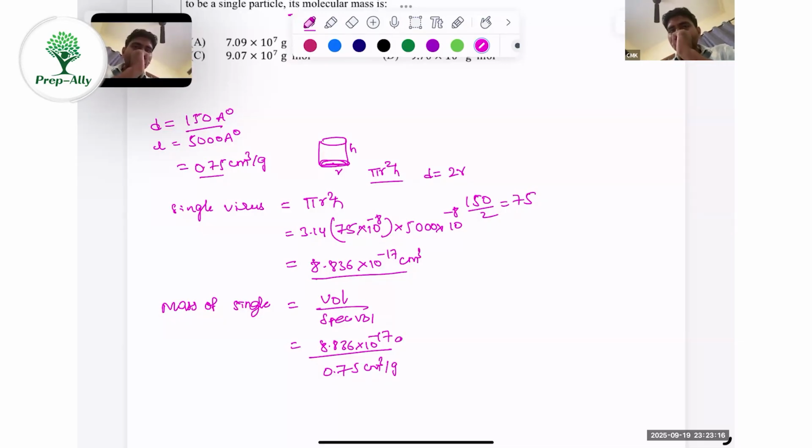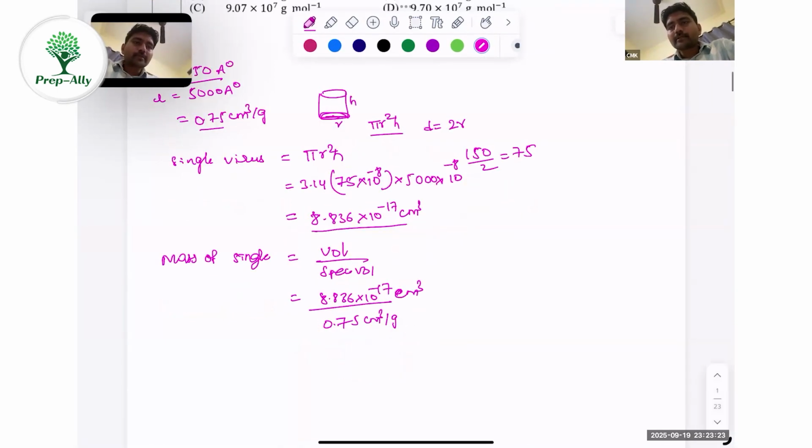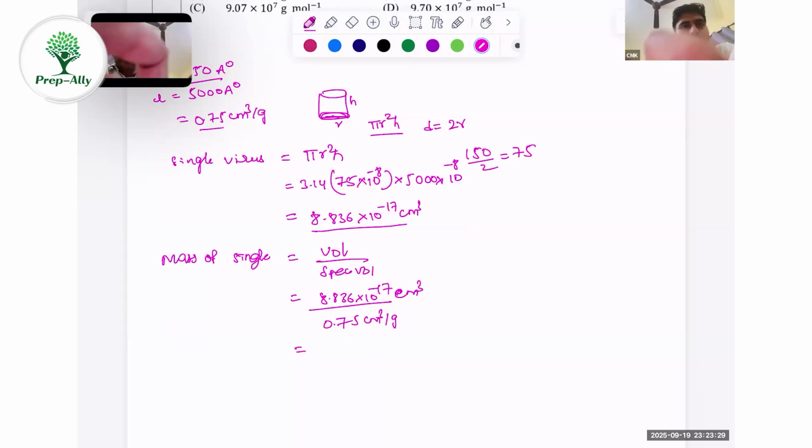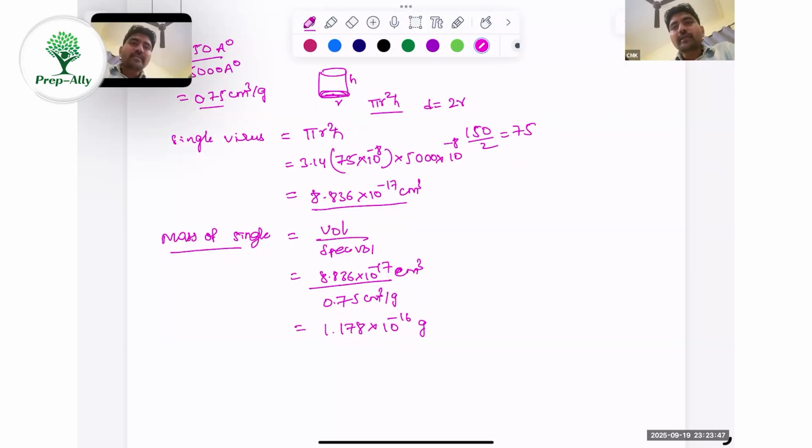Centimeter cube cancels, and you will get grams. So 8.836 by 0.75, we get 1.178 into 10 to the power of minus 16 grams. Now the mass of a single virus we got.